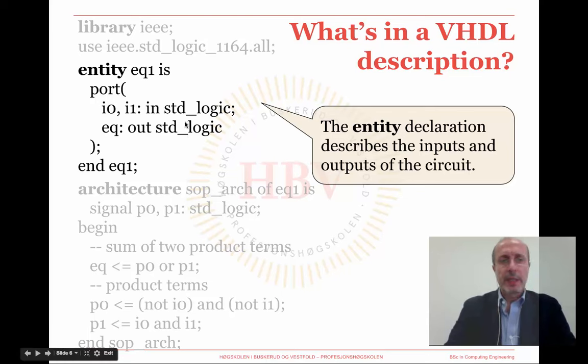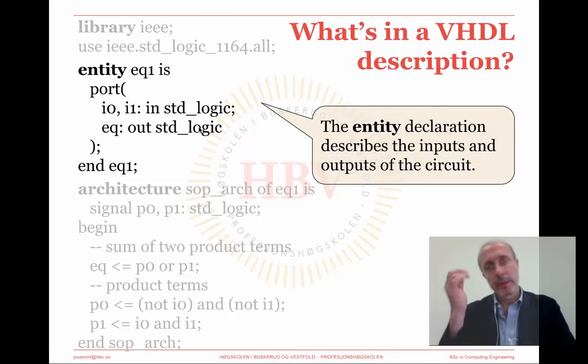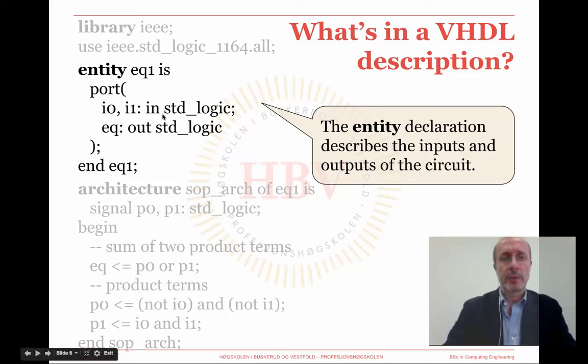In this case, the inputs and output are defined with standard logic, and this data type is defined in the standard logic 1164 package. This data type actually comprises 9 values, of which 3 are synthesizable. Those are the logic 0, logic 1, and the Z for high impedance, which the third one is not used in this case.